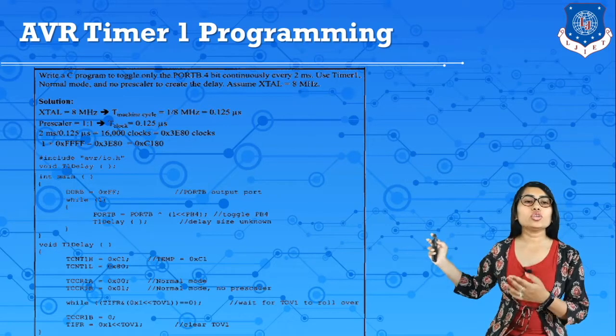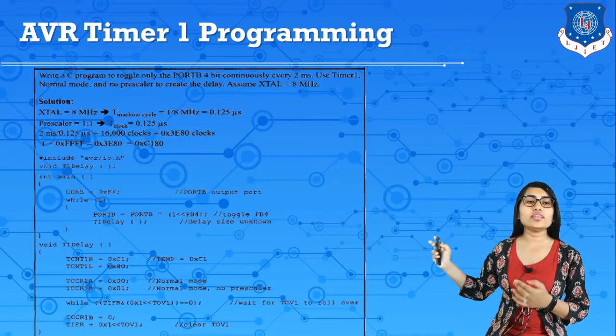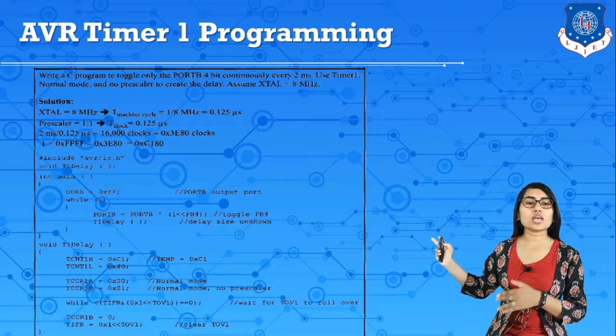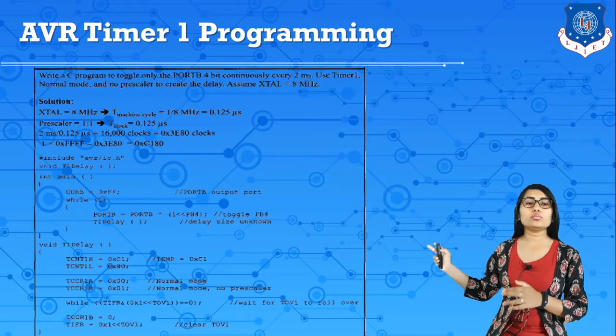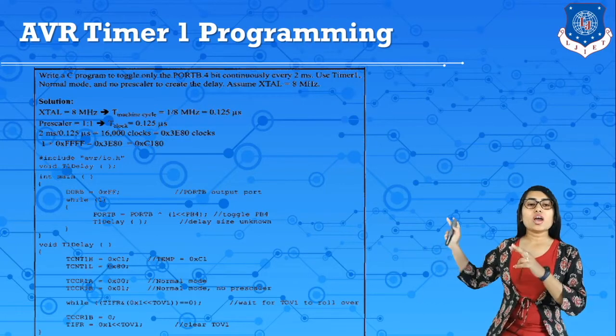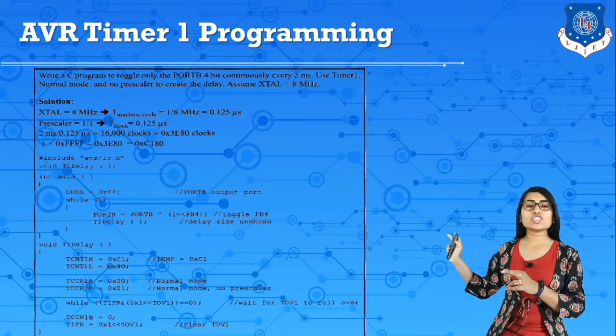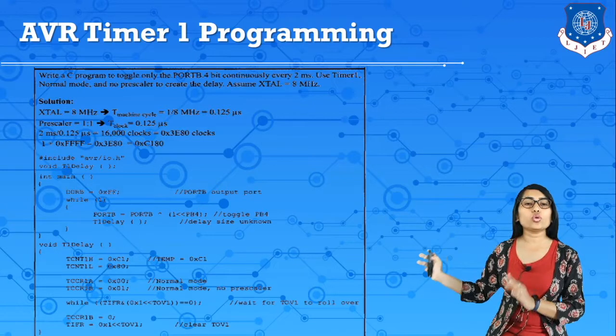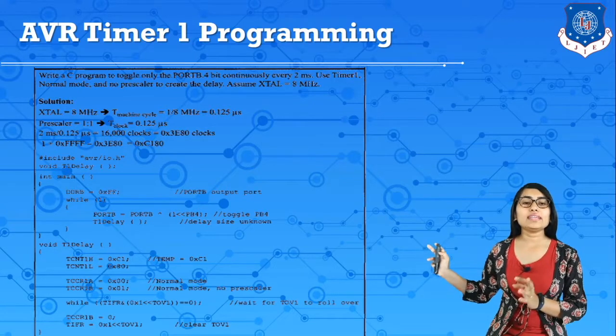Okay, so write a program for this to toggle the bit and then generate a delay. Include avr/io.h, void T1Delay, int main, DDRB is equal to 0xFF for output port, then while(1), PORTB is PORTB XOR 1 shifted by PB4. So it will toggle the bit 4 and call T1Delay.